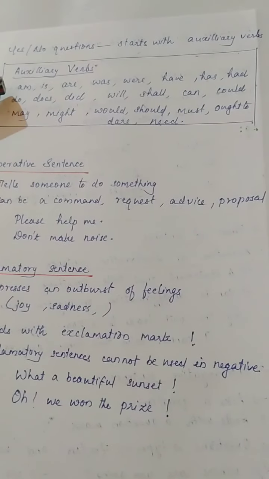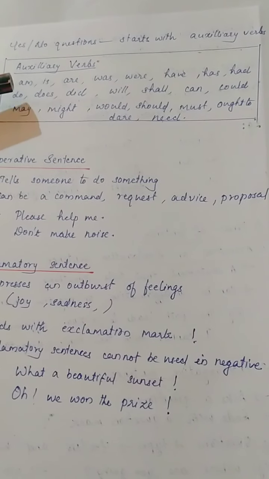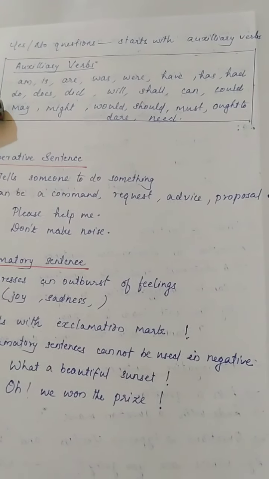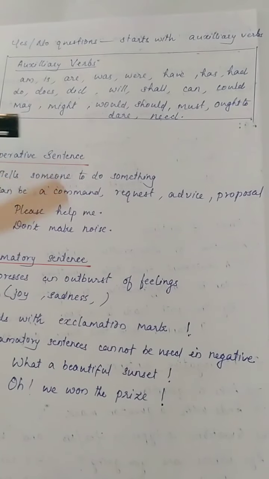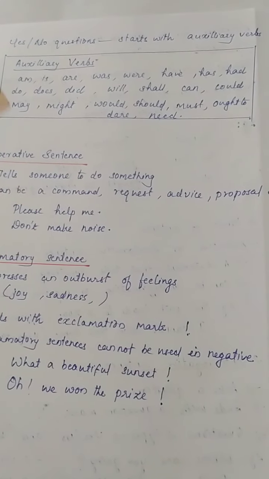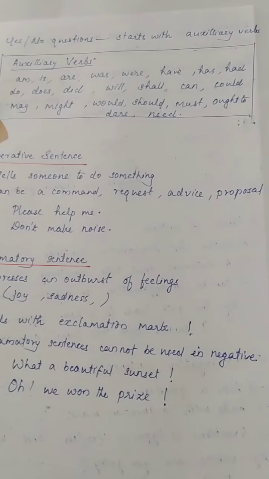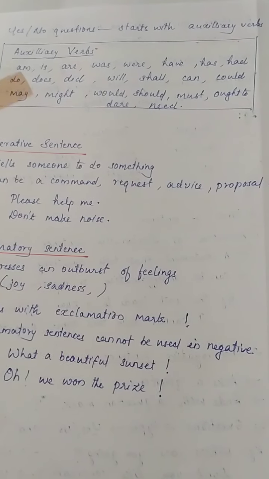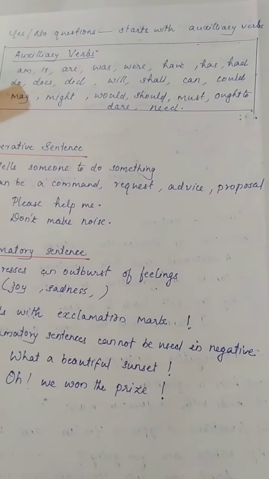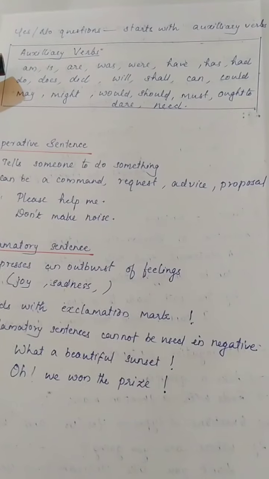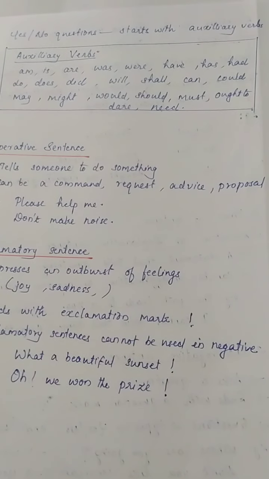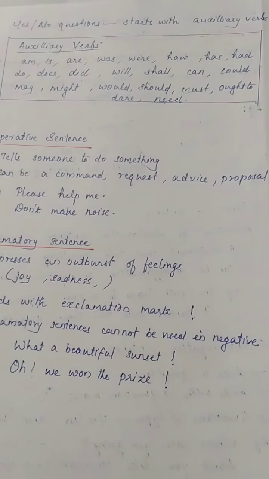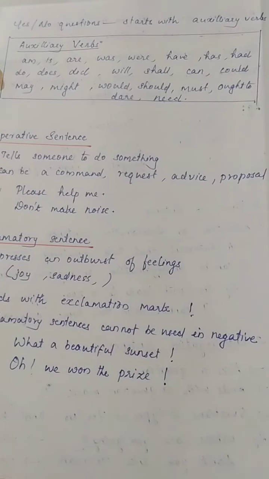Am, is, are, was, were, have, has, had, do, does, did, will, shall, can, could, may, might, would, should, must, ought to, dare, need. These are the auxiliary forms. So sometimes we can make questions with these auxiliary verbs or helping verbs. In sentences, we use these helping verbs or auxiliary forms. So yes or no questions we can make with these auxiliary verbs.